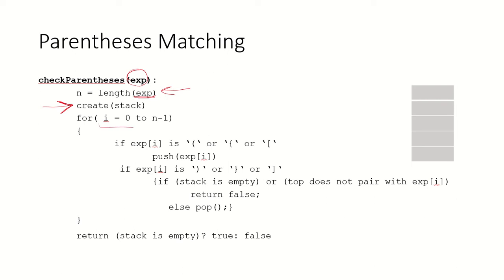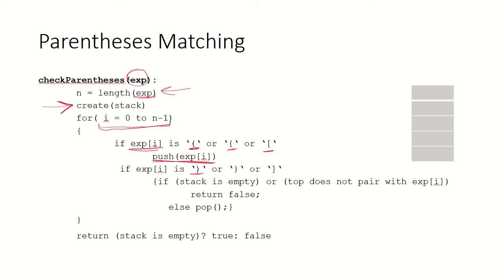And for i equal to 0 to the length of the expression, so from 0 to n minus 1, we are going to run this loop and scan each character from left to right. If the character is an opening bracket, either a round bracket, a curly brace or a square bracket, then we push that character onto the stack.